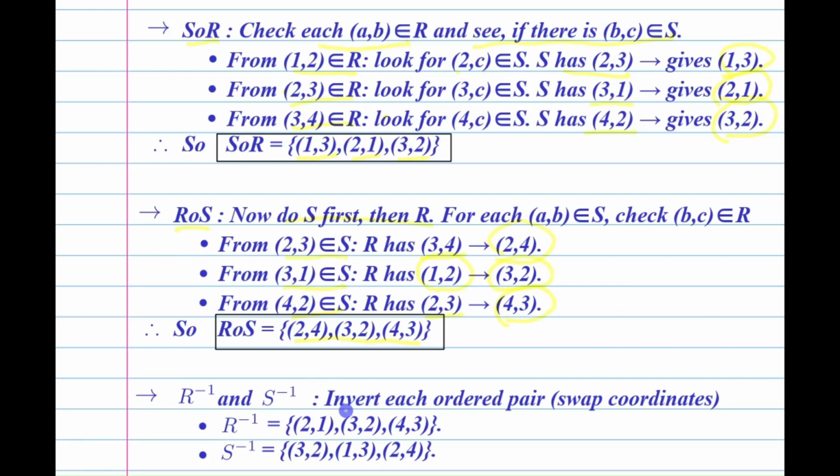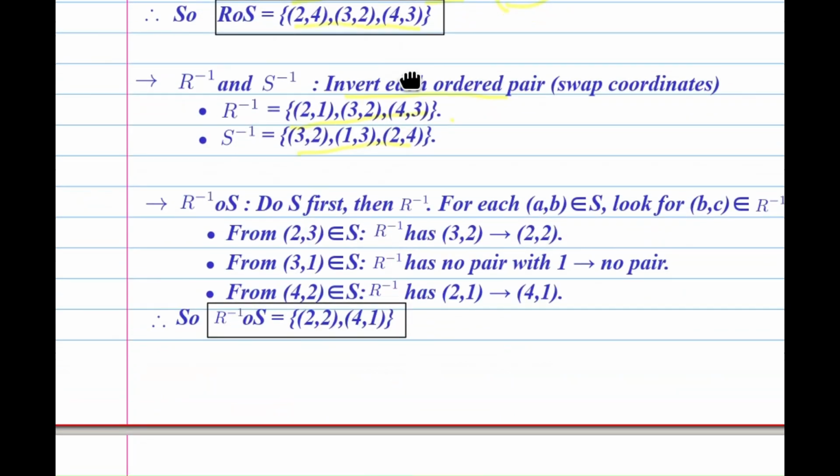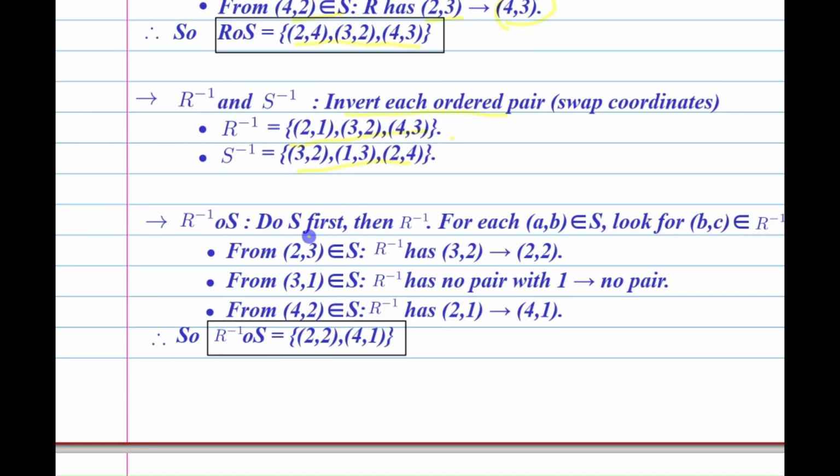For R inverse and S inverse, you have to invert each ordered pair. Now R inverse composition S, or R inverse ∘ S: do S first then R inverse.